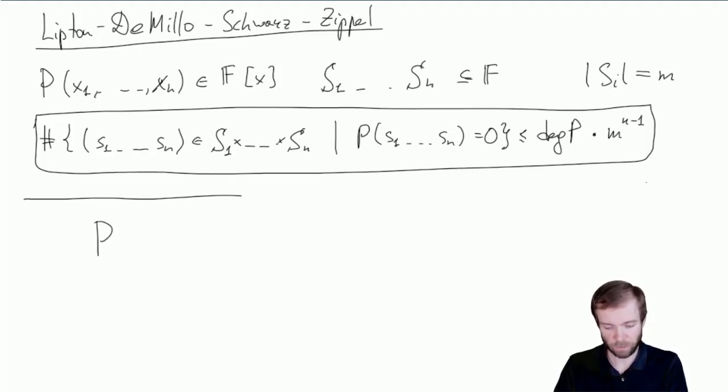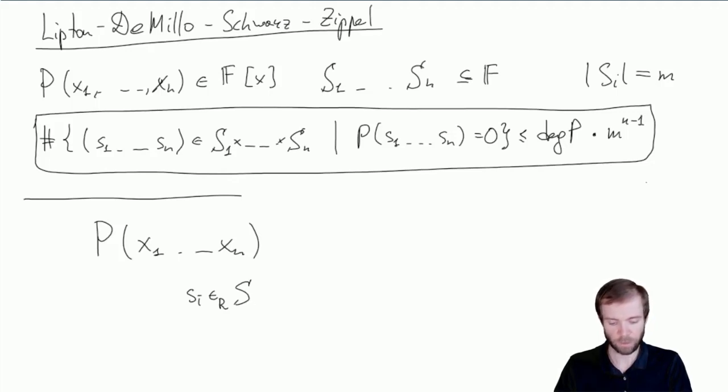So suppose that we have our polynomial p of x1 through xn, and we are choosing the values for all the variables, each value from its own set, independently at random. Usually there's a notation for a random choice like this. So each variable si is chosen independently of the other variables at random, uniformly from its own set Si.